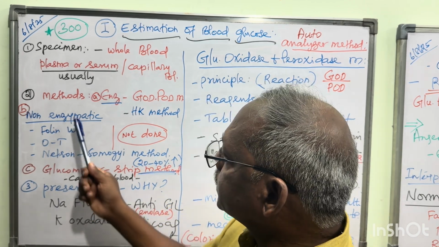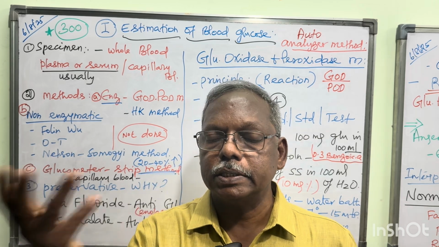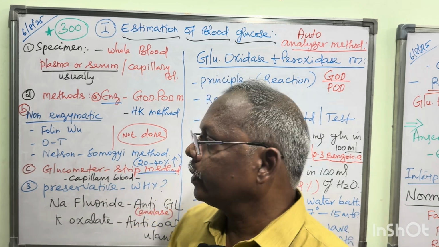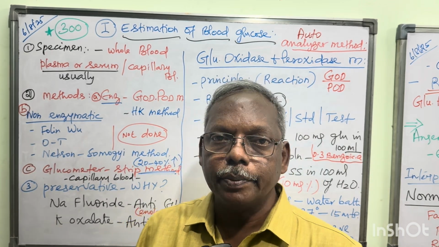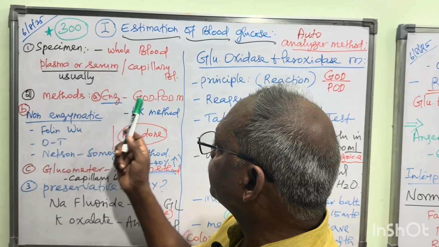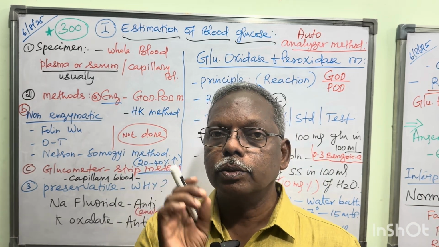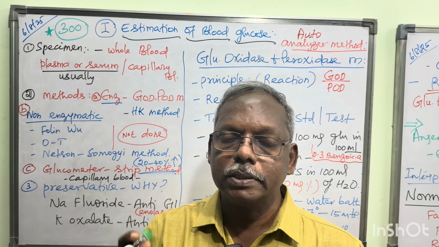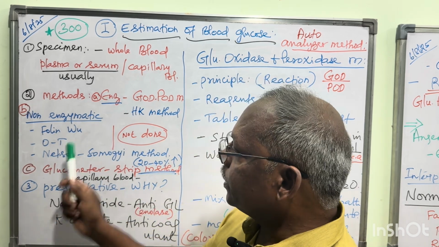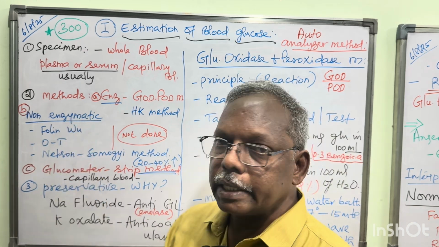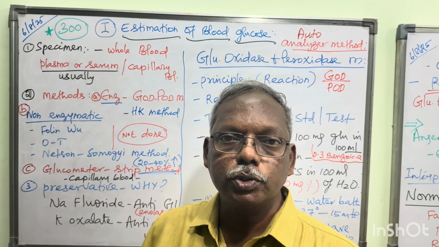Second one is, what are the methods? Which method do you apply for the estimation of the patient's glucose? We have 2 classifications: enzymatic and non-enzymatic. In enzymatic, we have 2 types: the GOD-POD method, that is glucose oxidase and peroxidase method, and the reference method, the hexokinase method. Coming to non-enzymatic, we have 3 types: Folin-Wu, orthotoluidine, Nelson-Somogyi.